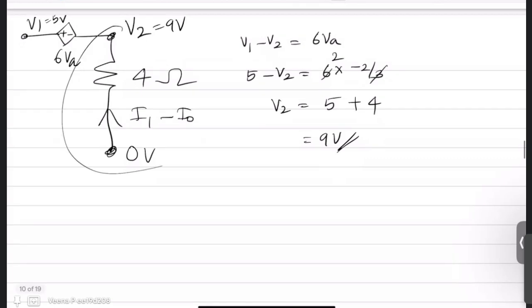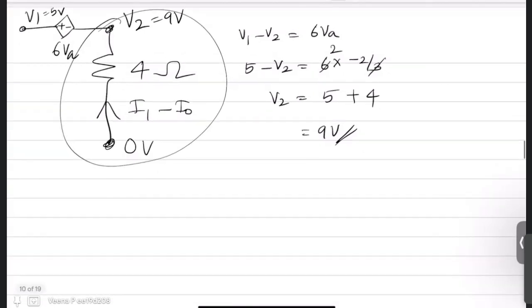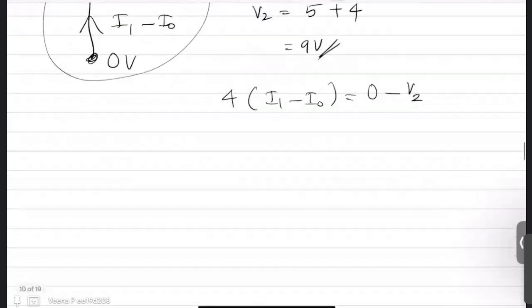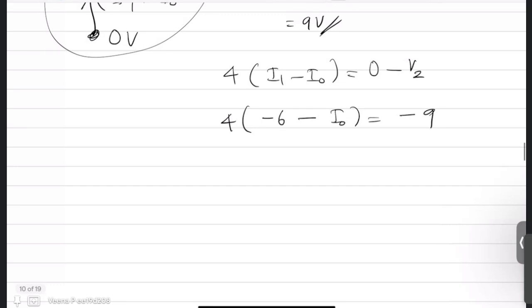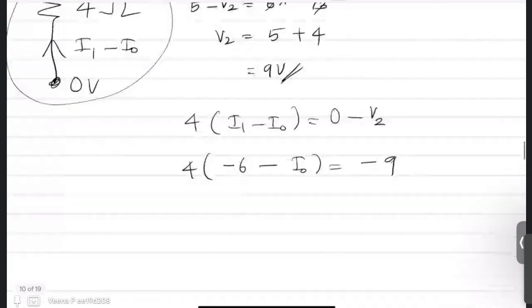So, if you write the resistor voltage-current equation, 4 times I1 minus I0 is equal to 0 minus V2. So, 4 times, I1 is minus 6, minus I0, is equal to minus 9.